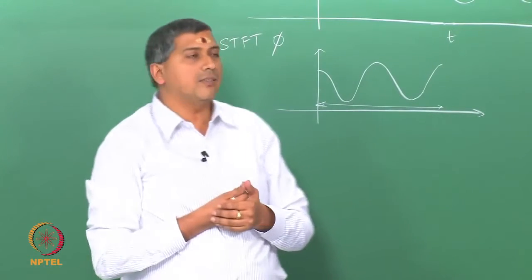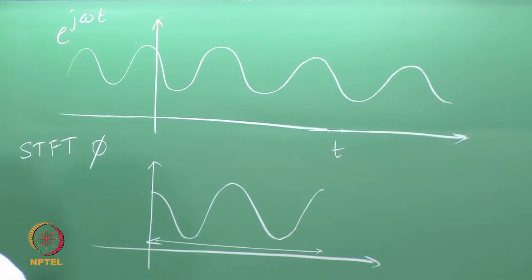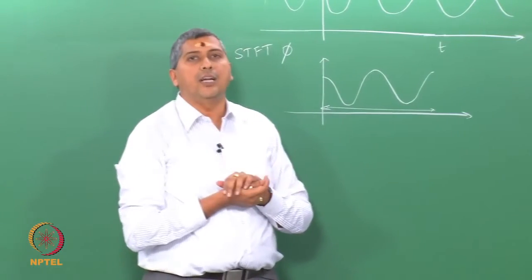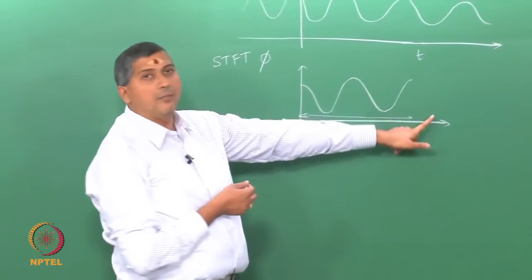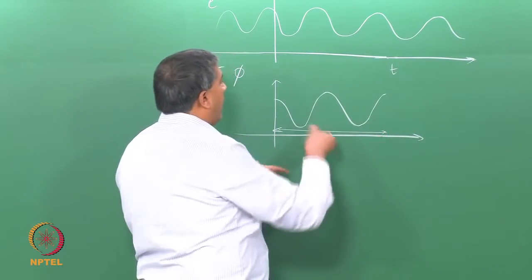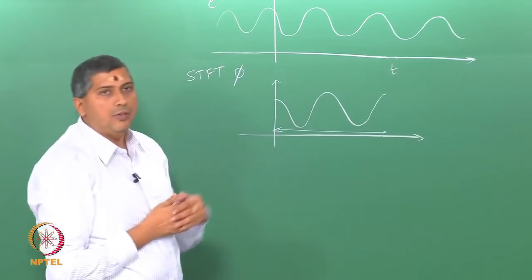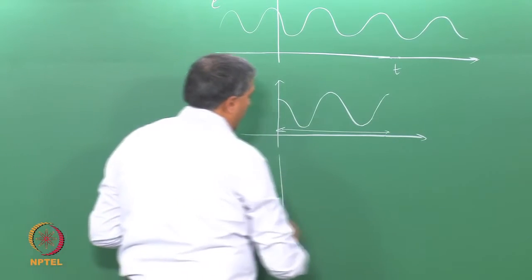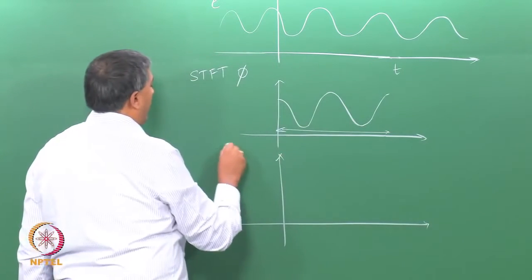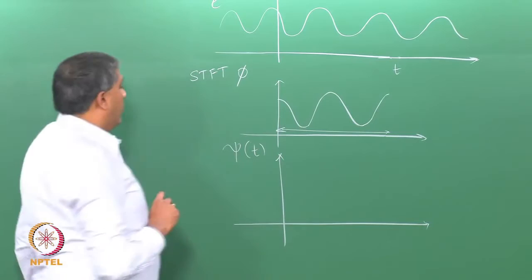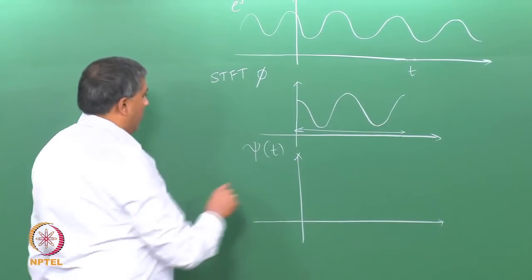Now, coming to wavelets, wavelets are also a set of finite duration analyzing functions, or time frequency atoms, but they have a different shape and they are characterized in a different way. The short time Fourier transform atom is characterized by its width and the frequency that you are using to analyze the signal, whereas a wavelet, which we will denote by psi, is a function of two parameters.